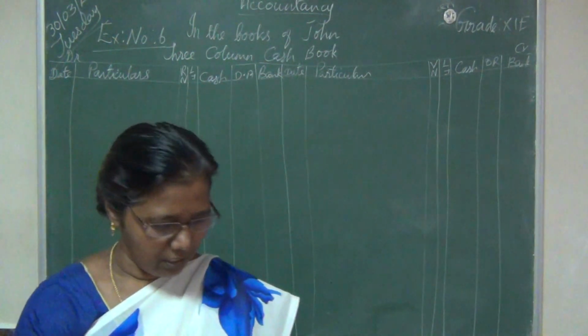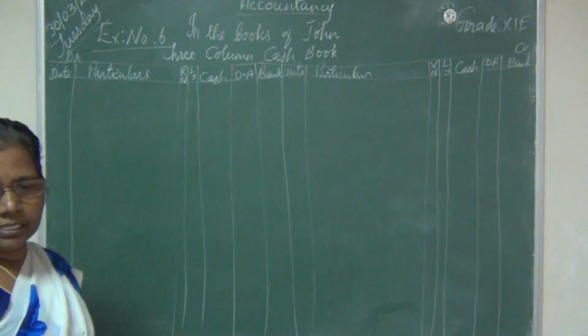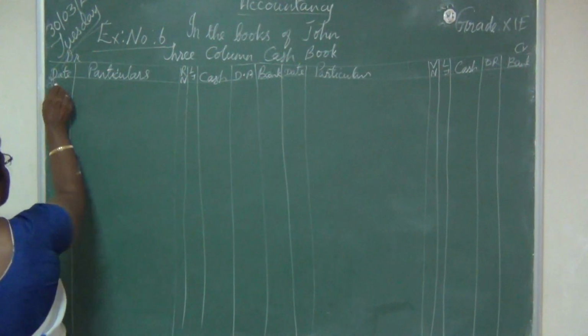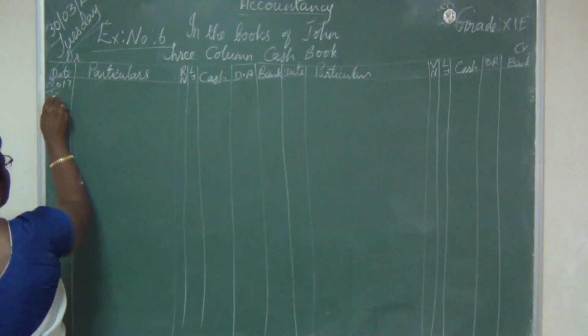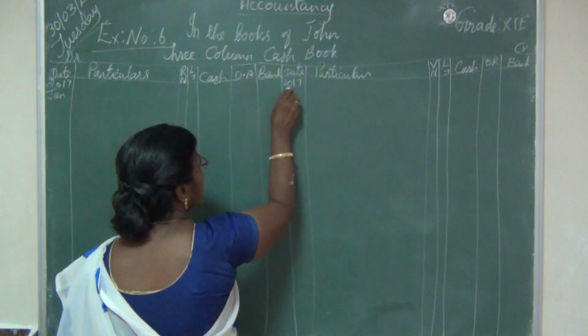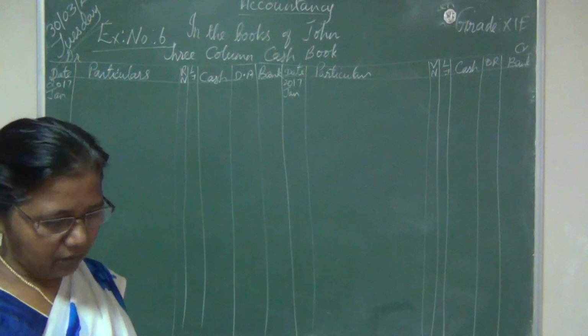Now the first one we will enter. First the transaction. Let us write the year and month. 2017, January. Sorry, it is December.